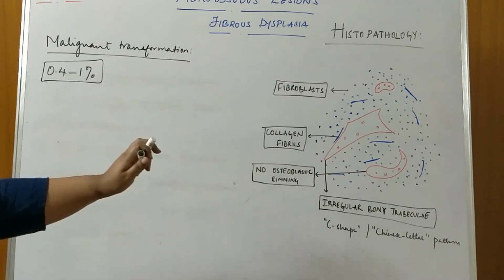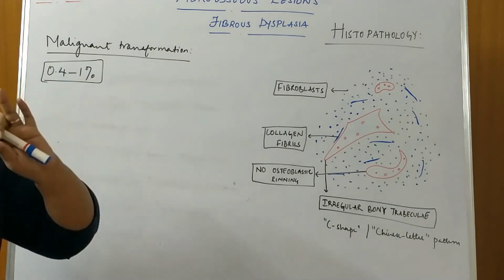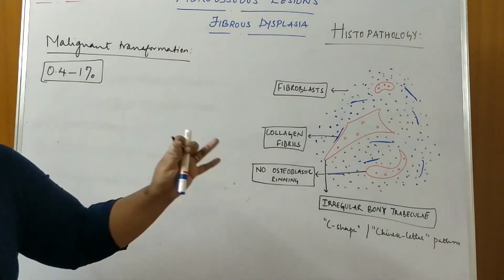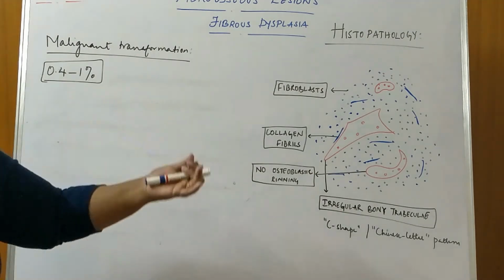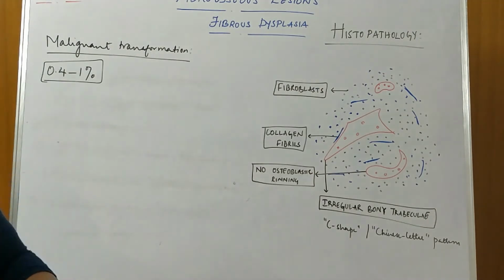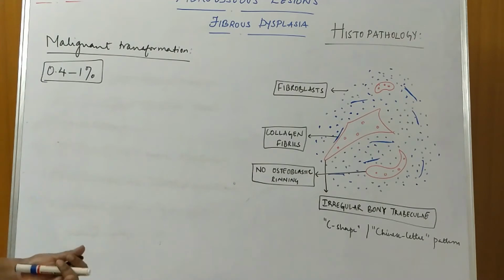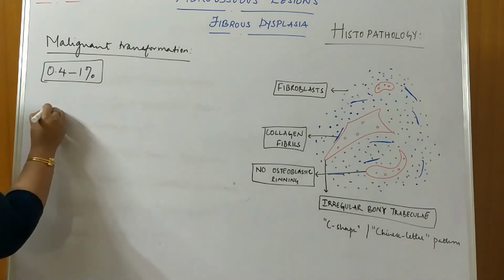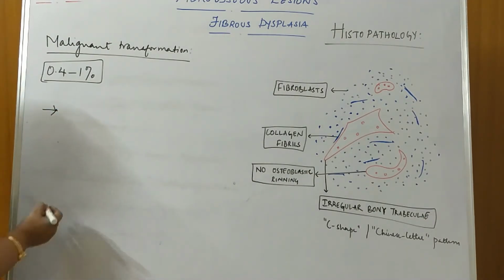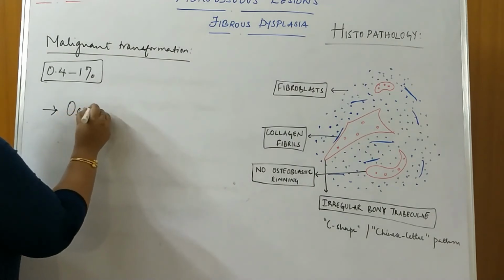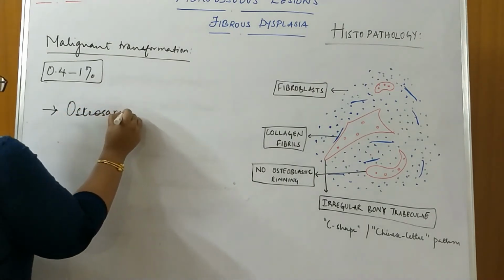As we have discussed in the histopathology, there are two main components, the fibrous part and the osseous part. So either the fibrous part can go malignant or the osseous part can go malignant. If the osseous part goes malignant, the malignant tumor of bone is called osteosarcoma.